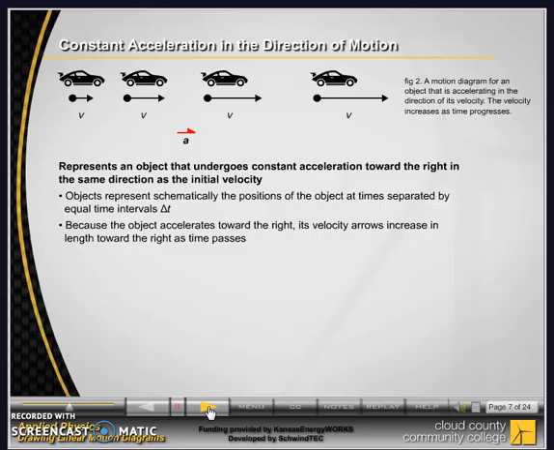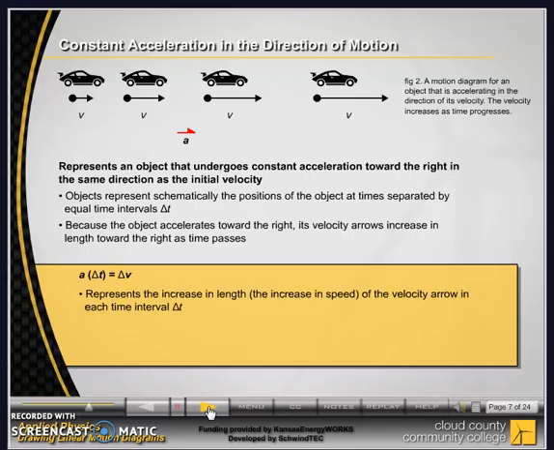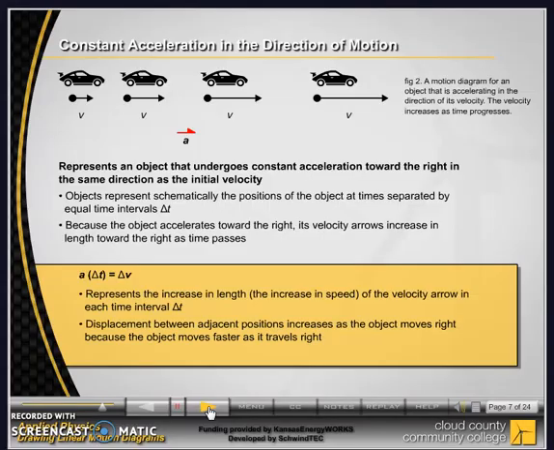Because the object accelerates toward the right, its velocity arrows increase in length toward the right as time passes. This product, a delta t equals delta v, represents the increase in length or the increase in speed of the velocity arrow in each time interval delta t. The displacement between adjacent positions increases as the object moves right because the object moves faster as it travels right.